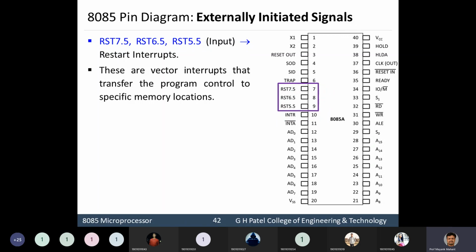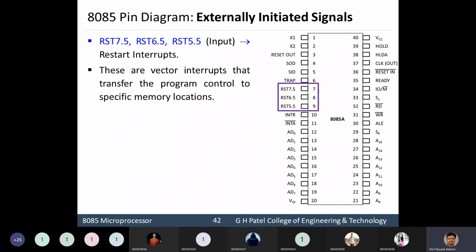Now it is very important to understand how interrupts are handled. Generally interrupts are handled by the microprocessor by running a code. So whenever you have an interrupt, let's say interrupt 7.5, there will be a specific memory location where you write the code for this interrupt 7.5.